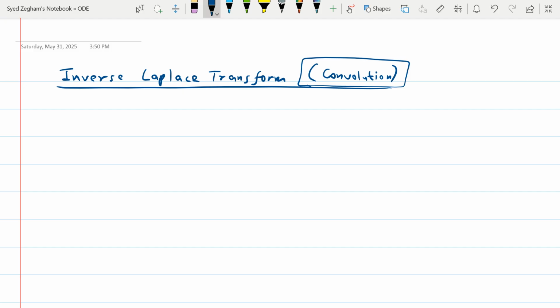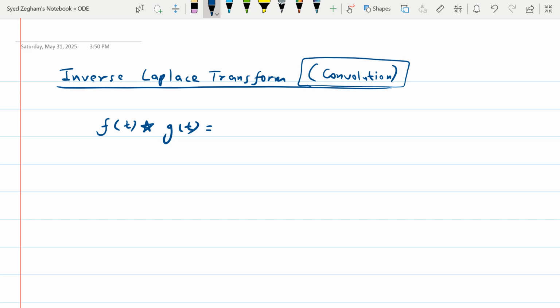So to start with, we will write the definition of convolution first. If I have two functions f(t) and g(t), and we are finding the convolution of these two functions, which I am representing by star, how is this defined?